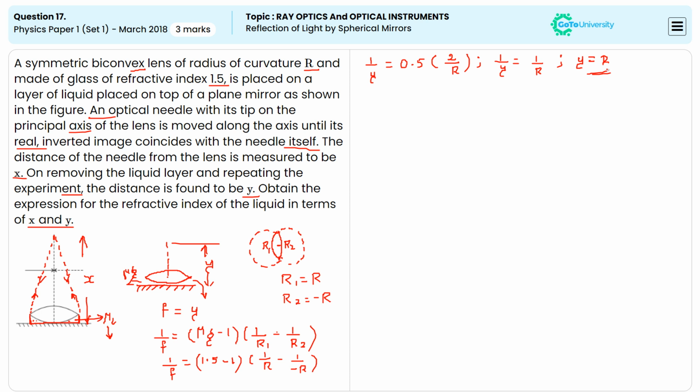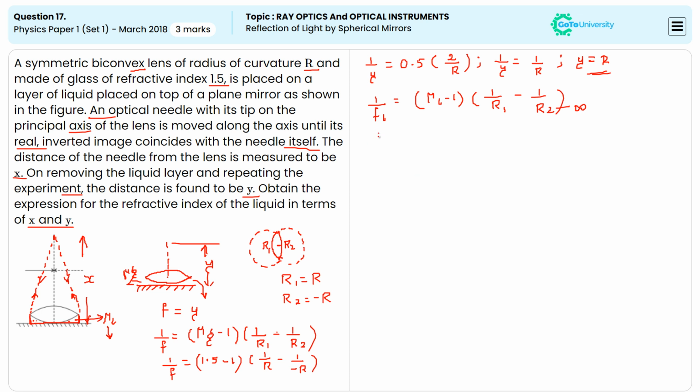Now, for the liquid lens, 1 upon FL is equal to, when liquid is present, mu L minus 1 into 1 upon R1 minus 1 upon R2. In this case, R2 will become infinity.